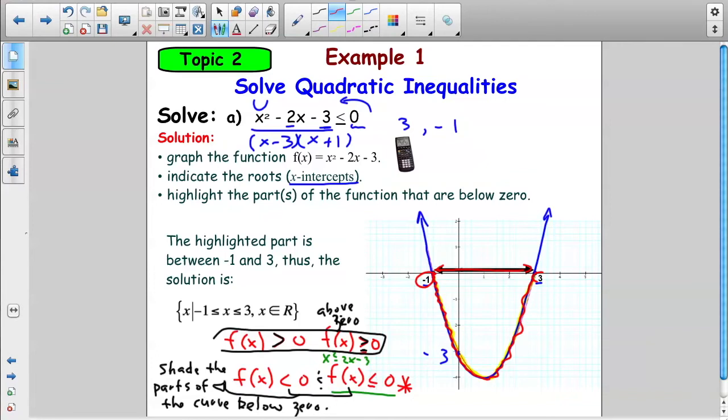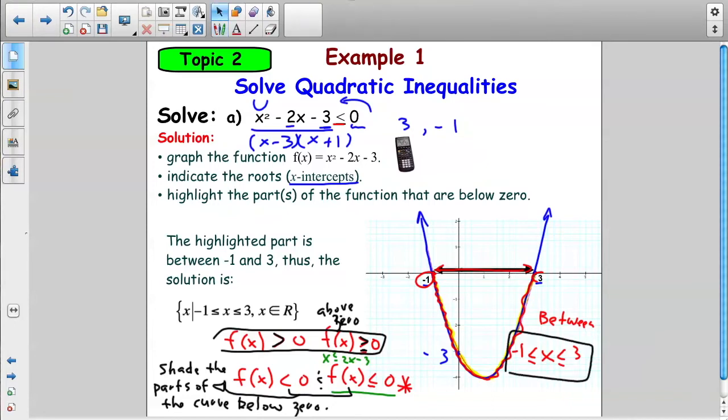So in math, we call that a between. That's our notation for between. So we pick the small number, which is -1, and the large one, which is 3. Now the question has a line on the bottom, so make sure your answers match. So there is my answer for that question.